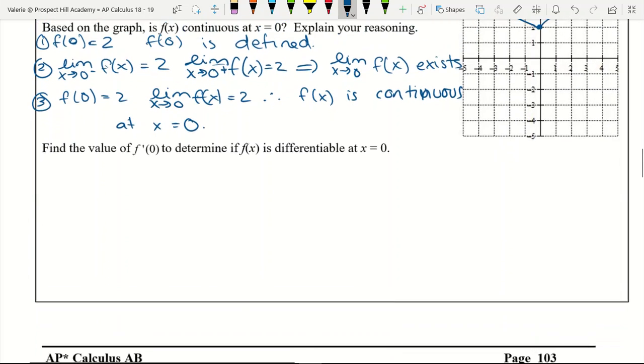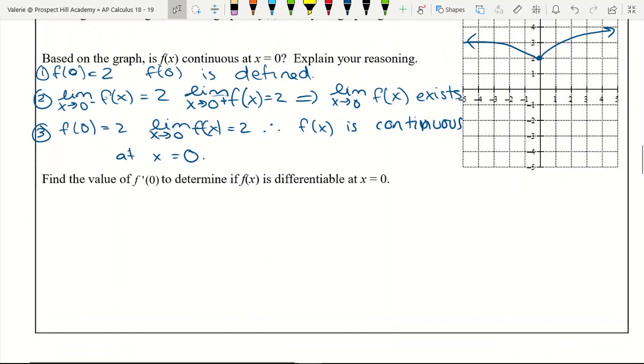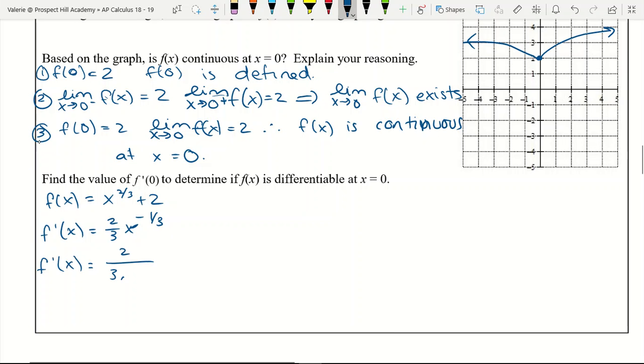Okay, so now we want to find the derivative and see if it's differentiable at 0. So again, you could plug this into a calculator. I'm going to do it out. So we have f of x equals x to the 2/3 plus 2. f prime of x is equal to 2/3 x to the negative 1/3. So then f prime of x is equal to 2 over 3 cubed root of x.